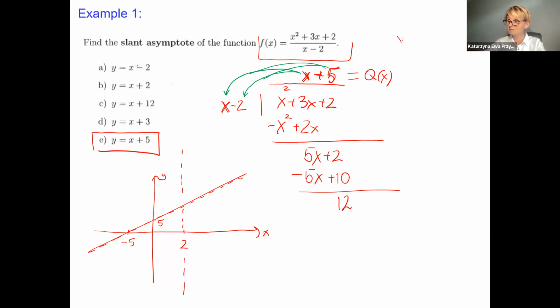Because x equals 2 is not in the domain. We may have a vertical asymptote at the numbers that are not in the domain, or we may have a removable discontinuity. That's how we can check. This is also part of this section: how we can check if this function has a vertical asymptote at 2. I just draw it because it's not in the domain.